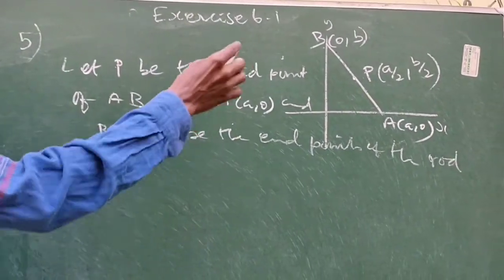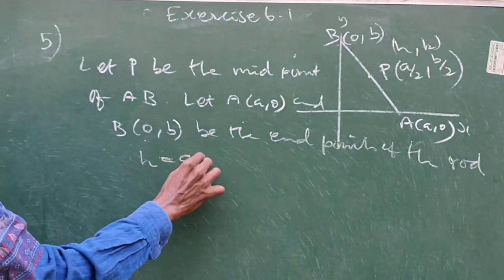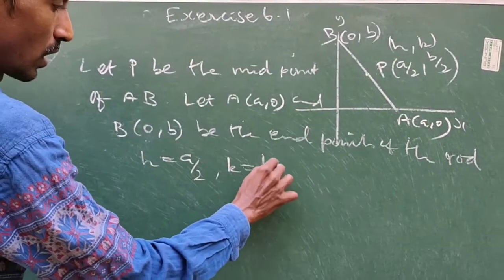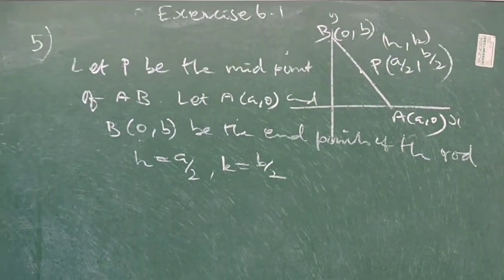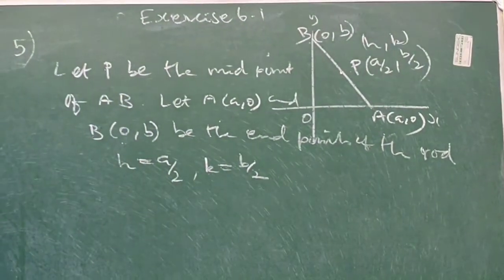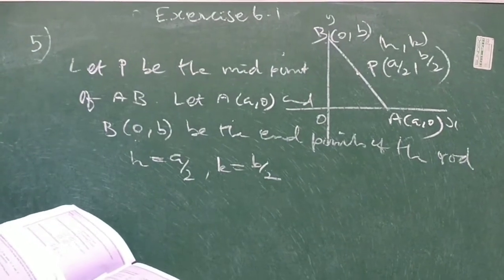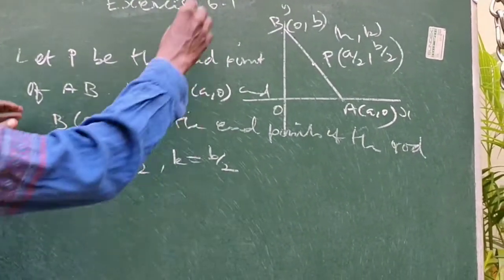So obviously, if we consider the moving point as h comma k, so h equal to A by 2, k equal to B by 2. It is the midpoint, and also it is a right angle triangle, with origin O. Initially given that the rod is of length 8 units, so AB equal to 8.